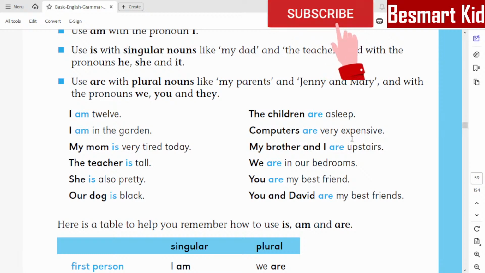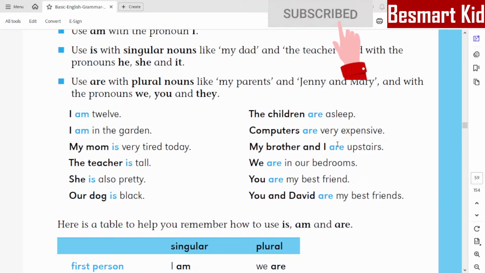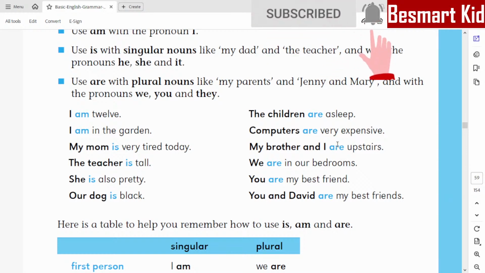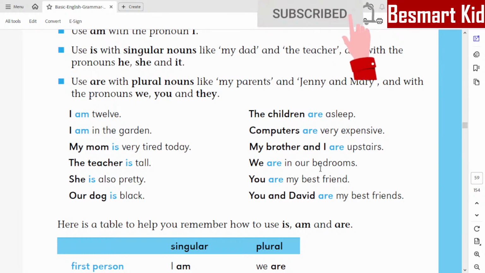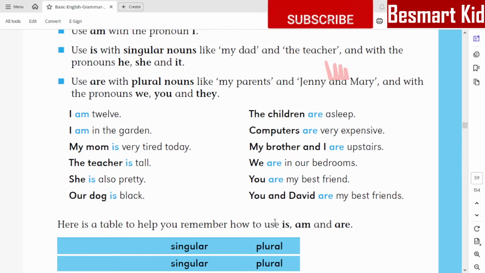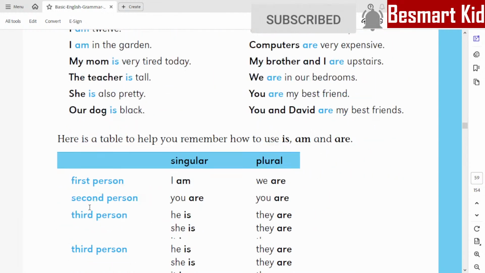Computers are very expensive. My brother and I are upstairs. We are in our bedrooms. You are my best friend. You and David are my best friends.